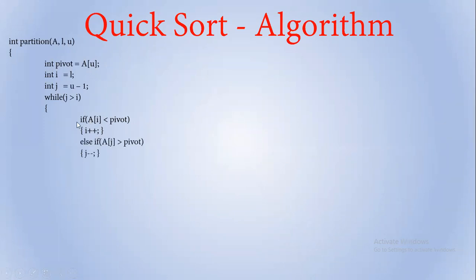Otherwise, if this is not true, it will go for the jth element. j is the rightwards element, but not rightmost. Rightmost is the pivot. It will select the jth element and check whether it is greater than the pivot value. Pivot value is initialized as the last element value. If it is greater than the pivot value, then it will decrease.